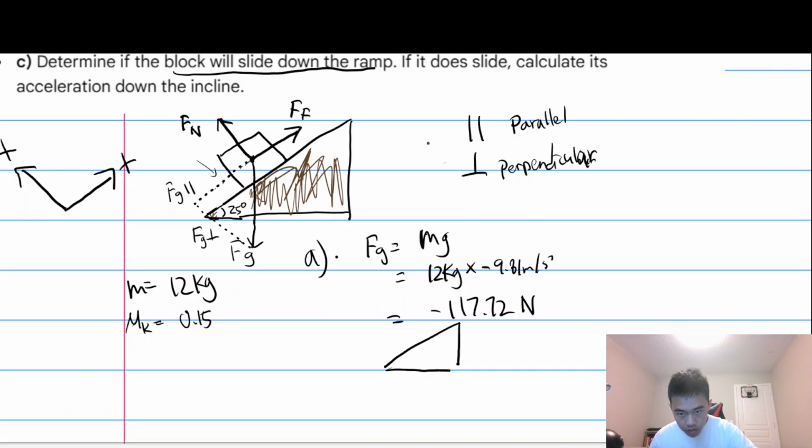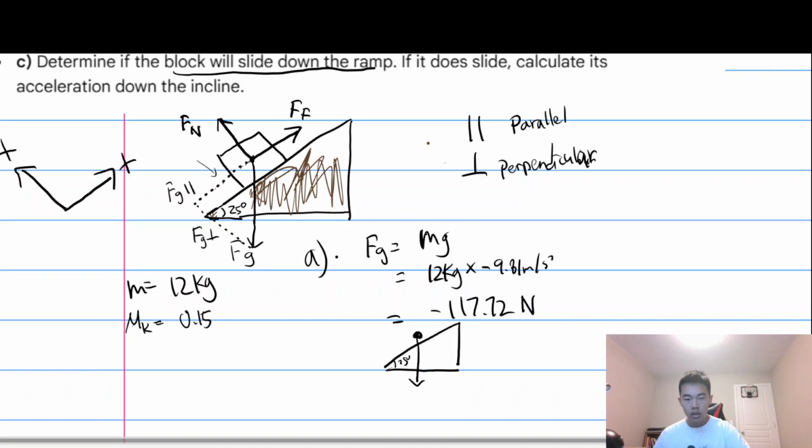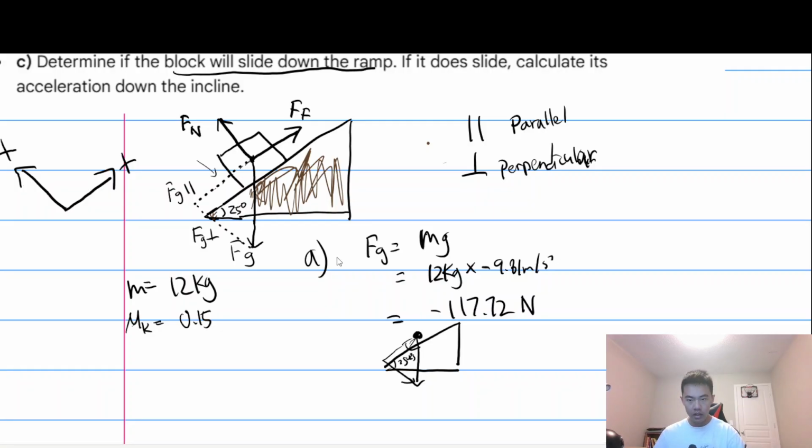And we know this is 25 degrees. Now if we were going down, we want to find the components of gravity here, and because of triangles, this would also be 25 degrees. This is not looking clear at all.